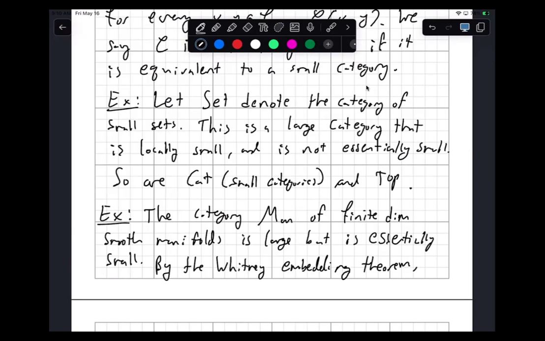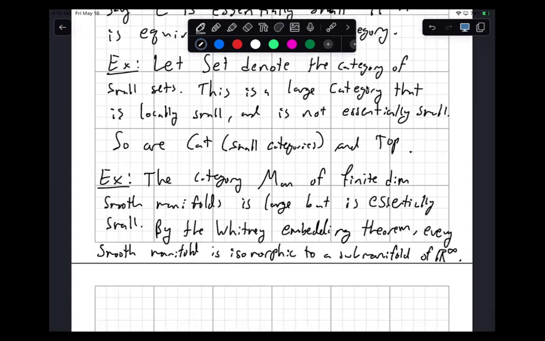You're ahead of me, Mahmoud. We'll get to that next. By the Whitney embedding theorem, every smooth manifold is isomorphic to a submanifold of R infinity. But the subsets of R infinity are a small set, and therefore the category is essentially small.